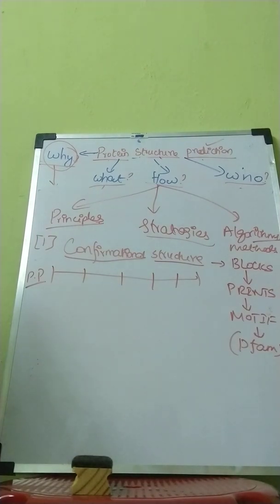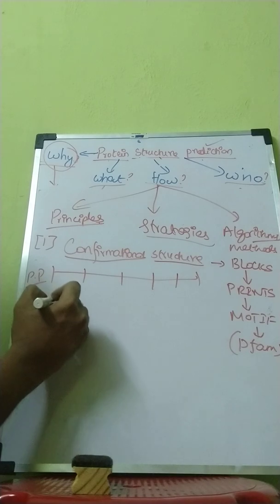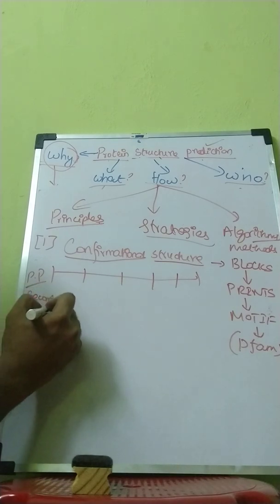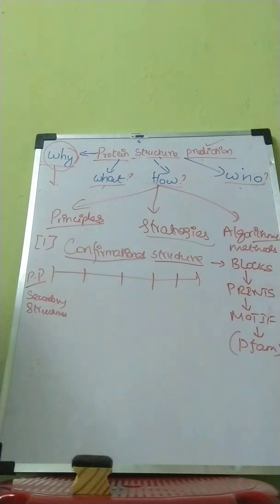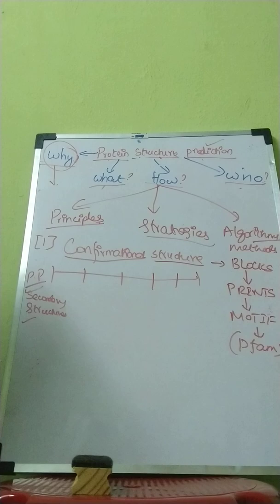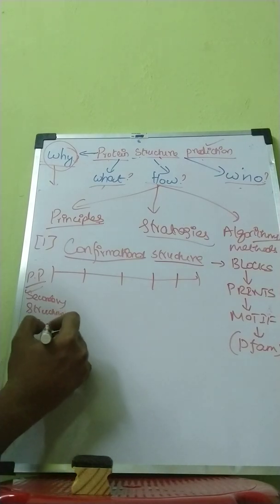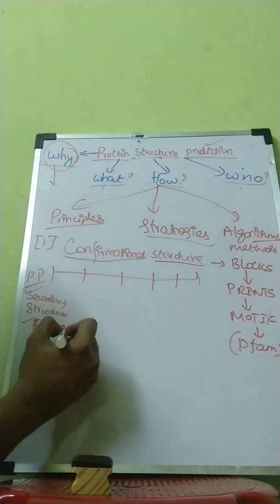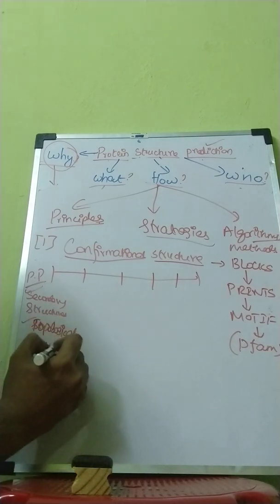On what criteria have they been divided into different zones? Here we are taking secondary structures as a template. And another thing I forgot to mention: topological constraints.